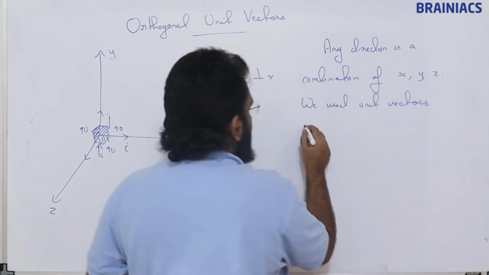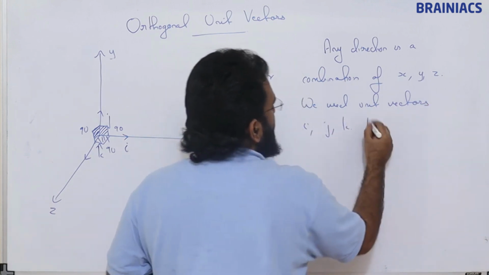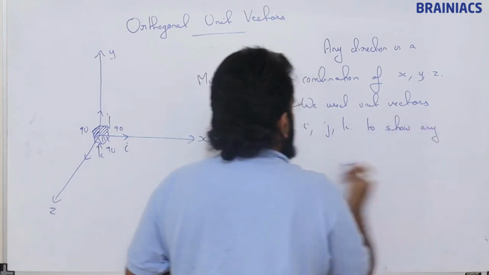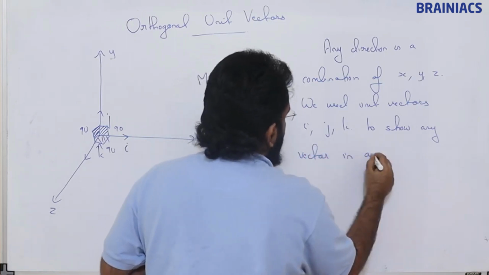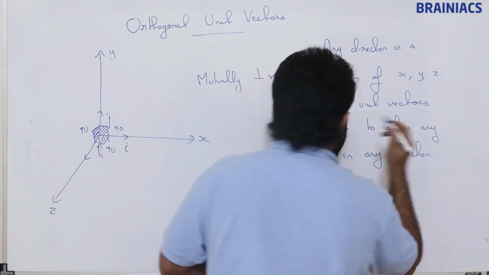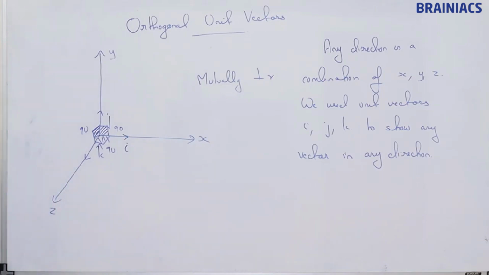We use unit vectors i, j, k to show any vector in any direction. So i, j, k can be used to show any vector in any direction.